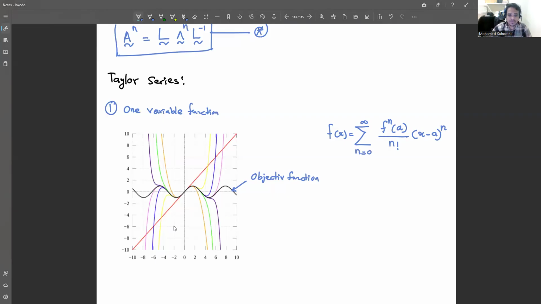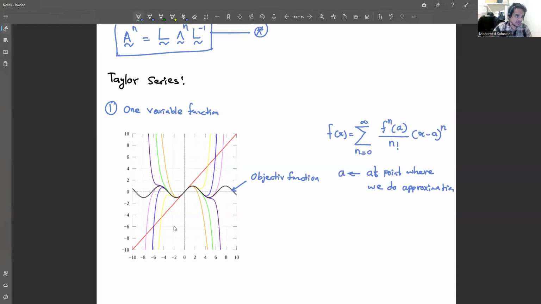Here, there are some important things you have to understand. The first one, a. a is the point where we do the approximation, right? I can write it like this: at the point where we do the approximation, right?